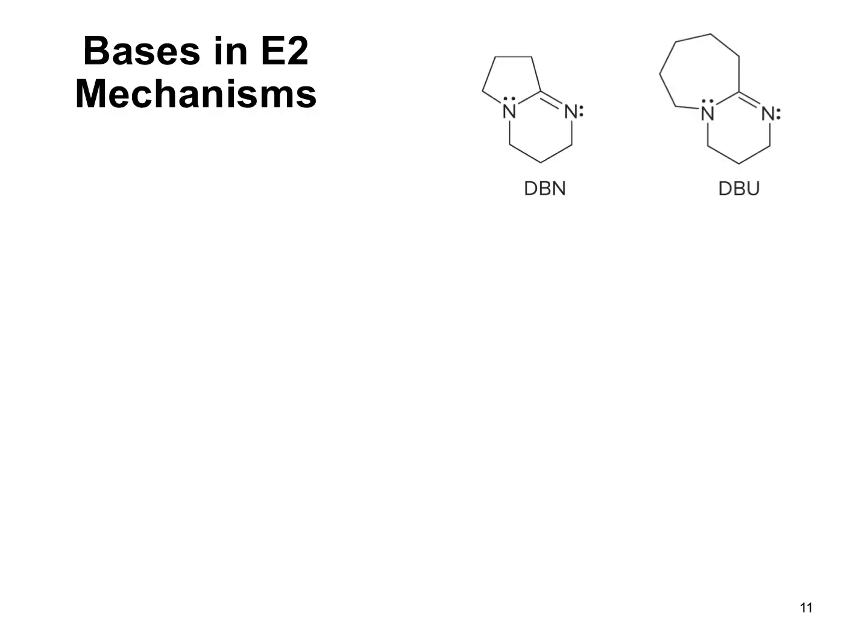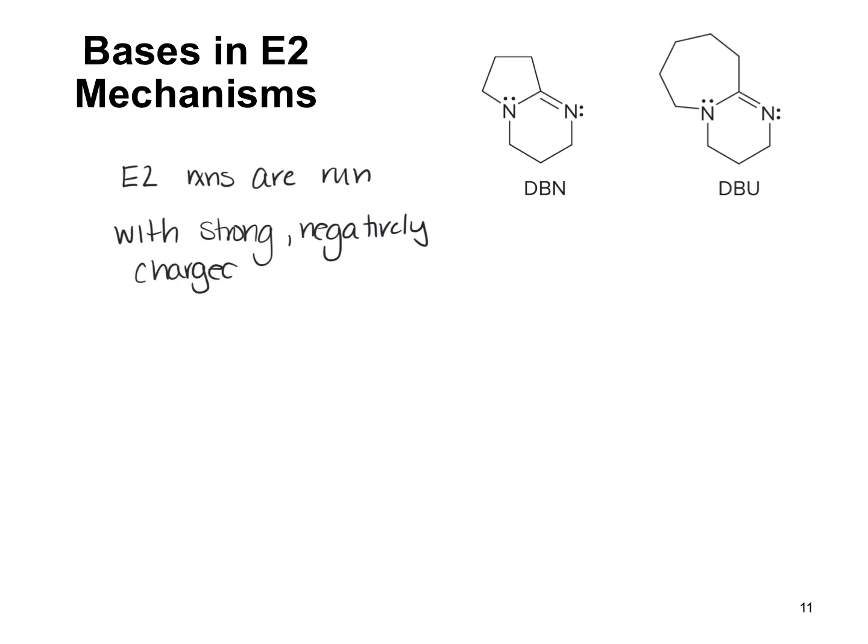So E2 reactions are generally run with strong, negatively charged bases like hydroxide or a deprotonated alcohol, which has those negative charges on it.